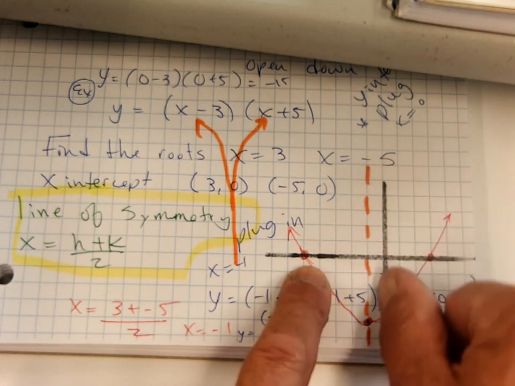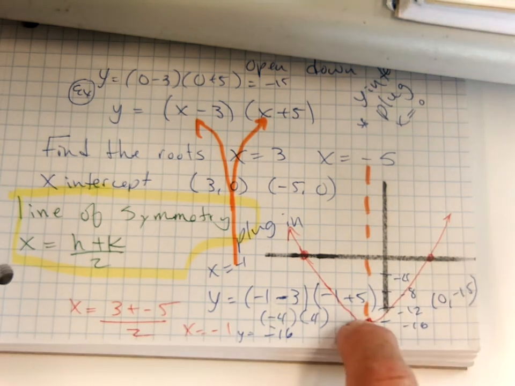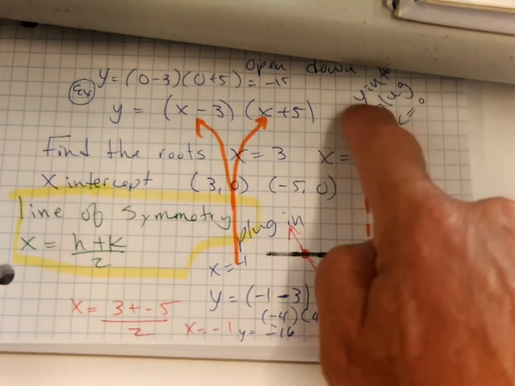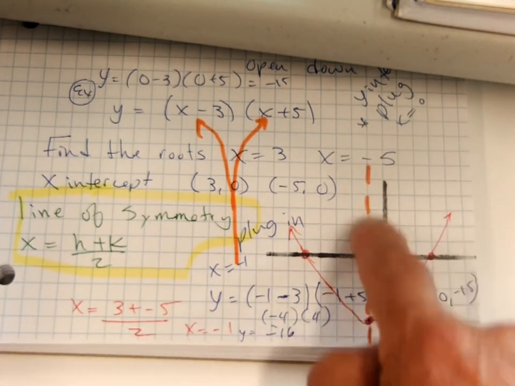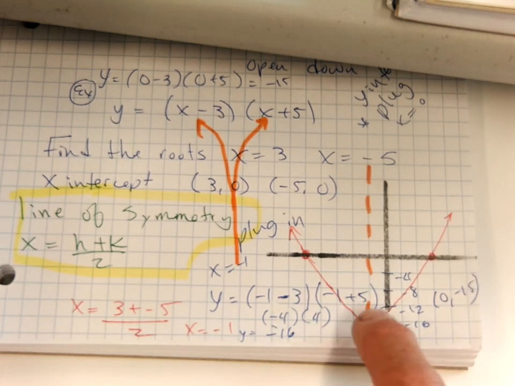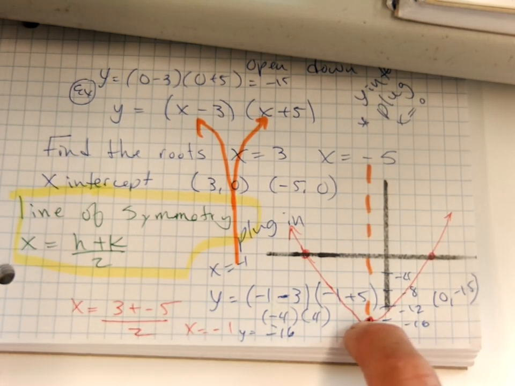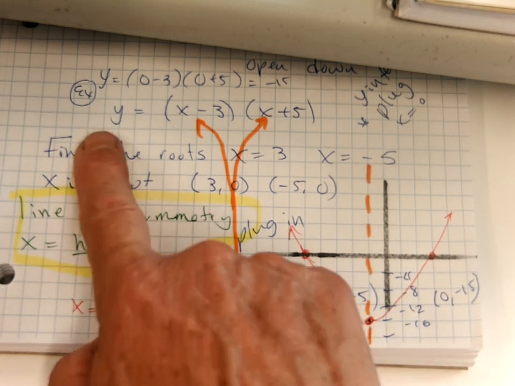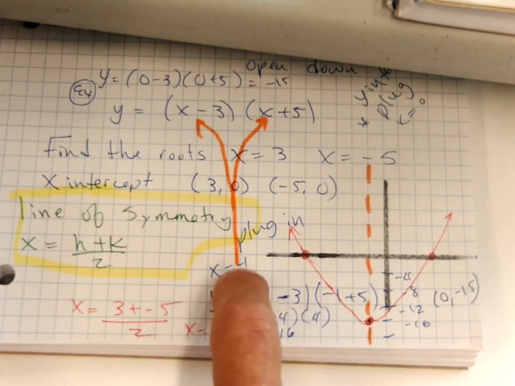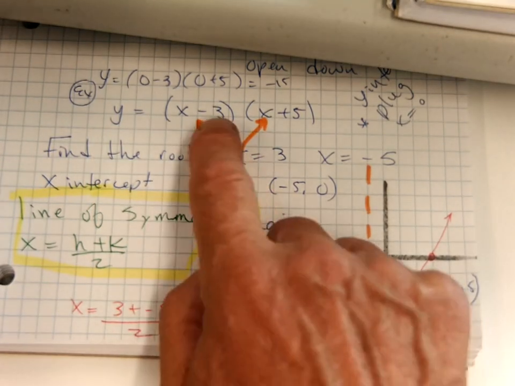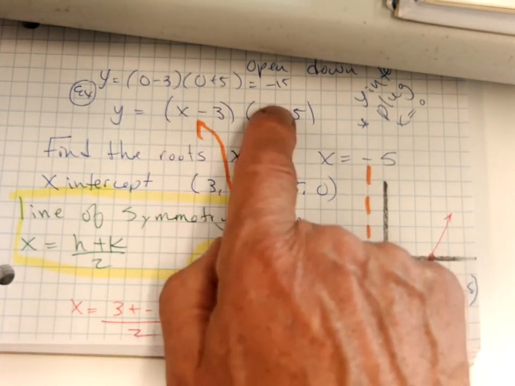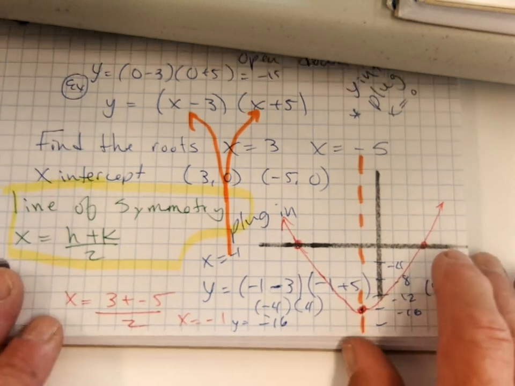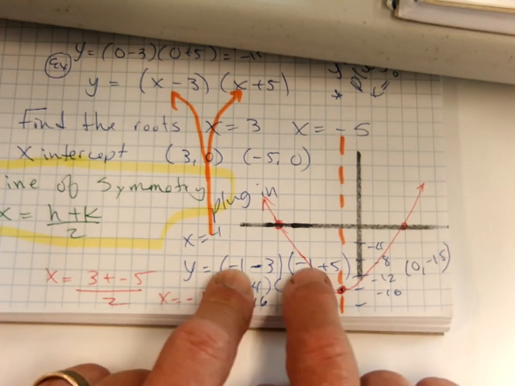The line of symmetry has to go through that middle. Now the vertex is somewhere on there. I'm not sure where, but I do know the x value of this point is negative 1. So I take my negative 1 as an x value, and I want its y value, so I plug in the negative 1 for x into the original equation.